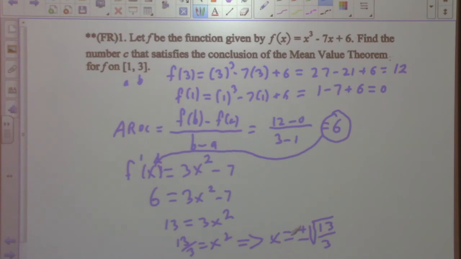That's fine. What is going to be the value, what is going to be the number c? That plus or minus. No, it's not. You've got to look back here, right? What is going to be c?